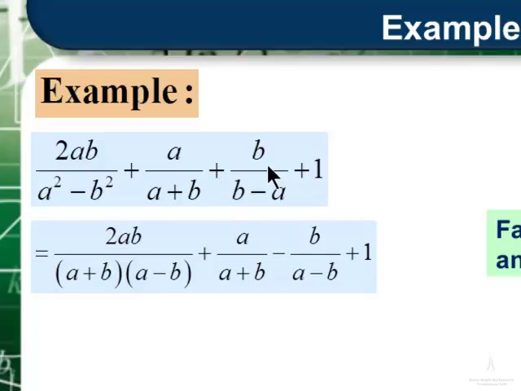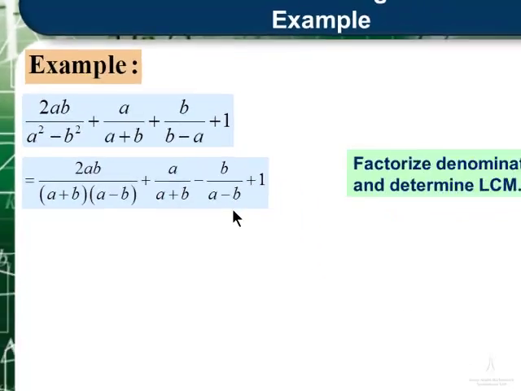And that is to swap below the line for the denominator the b minus a to become a minus b, because we see we have as part of the denominator in the first algebraic fraction also a factor a minus b. That is to make sure that we have as few as possible different factors or terms to consider as part of our denominator set in order to find the lowest common multiple.